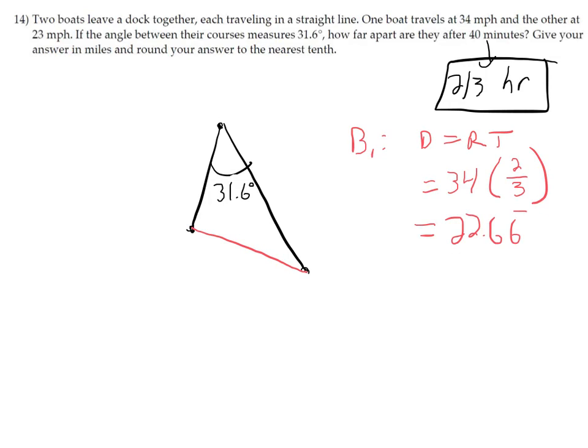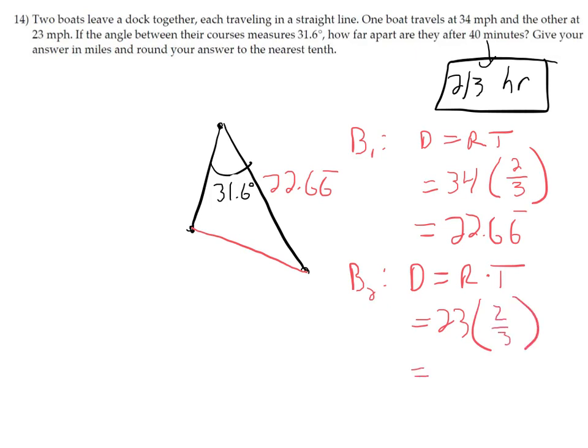That's the one traveling faster, so that'll be the longer side. And for boat 2, distance equals rate times time. That would be 23 times 2/3, and that is 15.33 repeating.